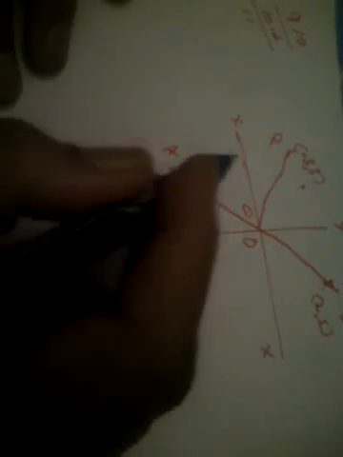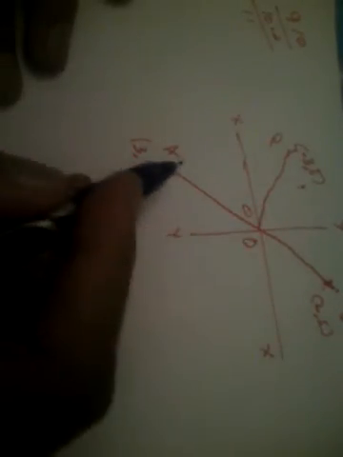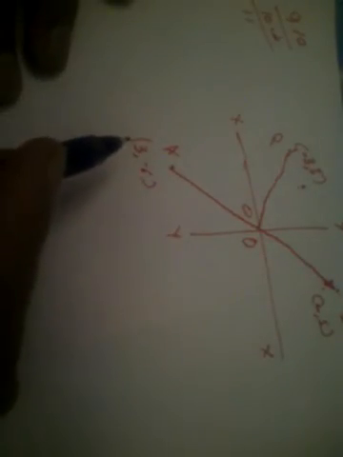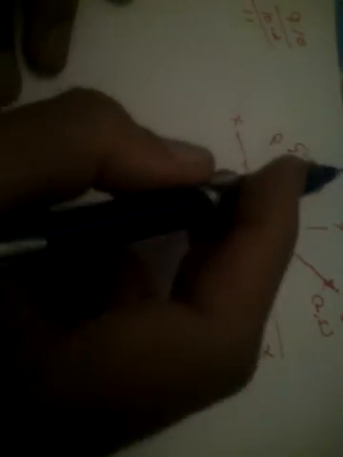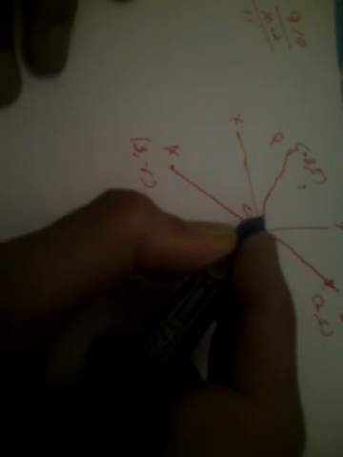Here 3 points have been given: one point is minus 3, 5, let it be point P, this is origin O. OP is perpendicular to the line passing through these 2 points A and B, which are 3, minus 6 and 2, 5. So line AB is passing through these 2 points and OP is perpendicular to AB.